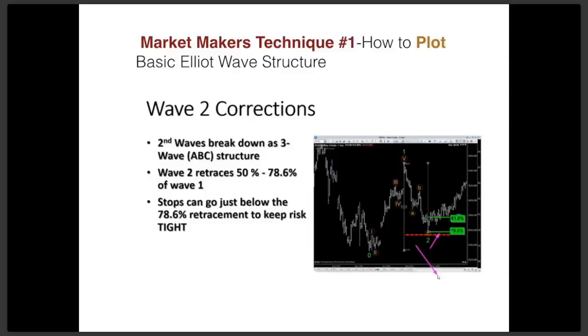By using Fibonacci retracements, I can set a stop loss right at the 78.6 to minimize my risk. To capitalize, if the market rebounds from wave 2, let's say at the 61.8% retracement, I'll have a very tight stop loss at the 78.6, and we could have a very favorable risk and reward if the market starts rebounding, trending from wave 2 to wave 3, right?